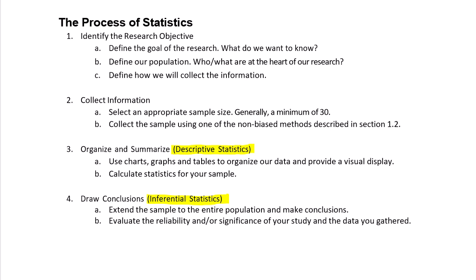We extend the sample to the entire population and make conclusions. Something like, based on our research, the population would have approximately 20%, or our research suggests that the population would have this many X, Y, and Z. We always want to evaluate the reliability and or significance of the study and the data that we gather.